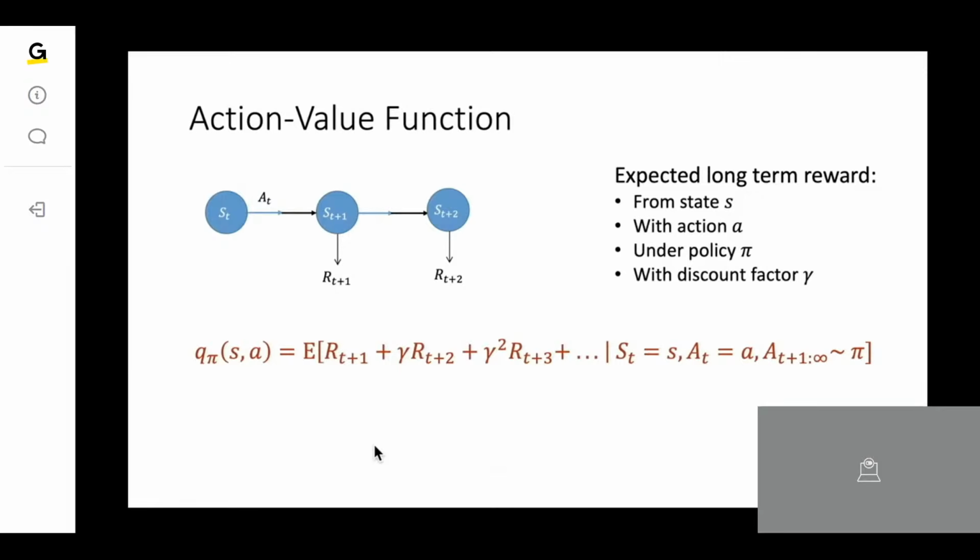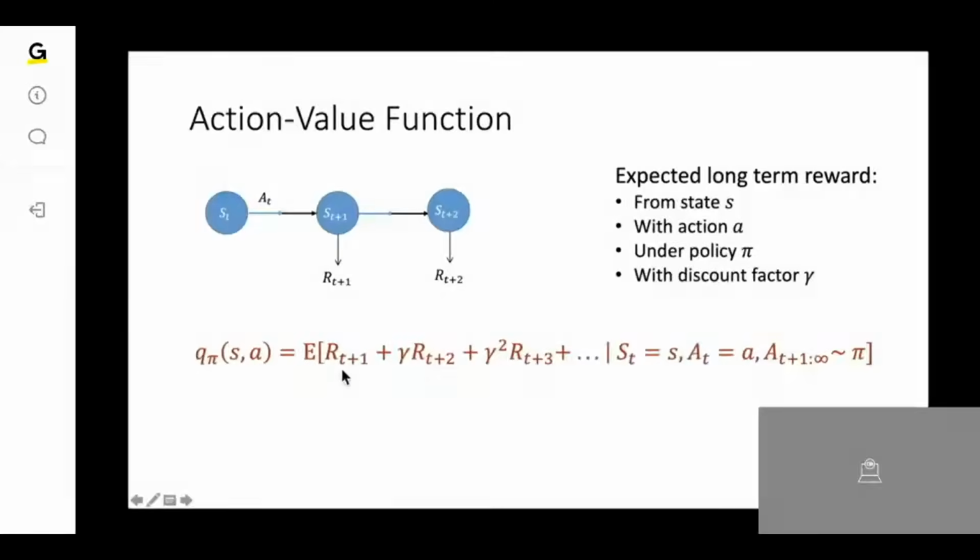To put this more formally, we introduce what is called the action value function. Now, what is the action value function? The term on the left side is the action value function, Q subscript pi of S comma A. There is an input S, which is the current state, and an action A. So how good is it for an agent to be in this state S and take the action A, following a policy pi?